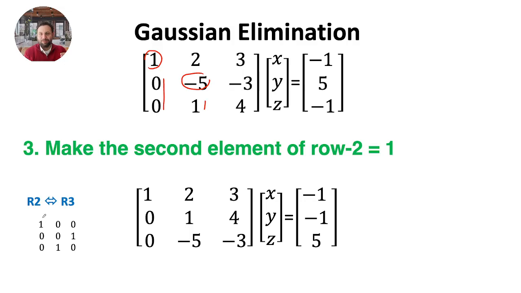How sneaky of me, because if I had something like 2 here, I would have had to divide everything by -5, and I would have been dealing with fractional numbers. I didn't want to deal with it yet, so I designed this example such that I can easily obtain this by swapping the second row and third row.